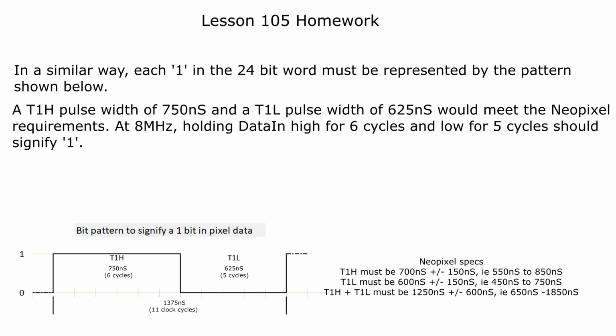A T1H pulse width of 750 nanoseconds and a T1L pulse width of 625 nanoseconds would meet the NeoPixel requirements. At 8 megahertz, holding data in high for 6 cycles and low for 5 cycles should signify a 1.